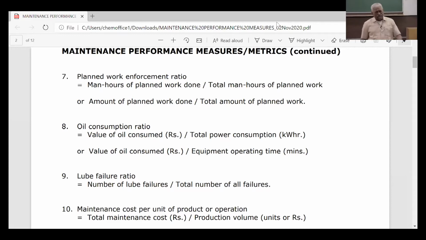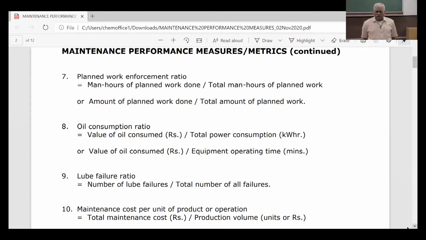Similarly for oil consumption. You will always find in maintenance performance evaluation there'll be something to do with oil, and something to do with energy. So take the oil consumption ratio: the value of oil consumed in rupees per period, divided by total power consumption.